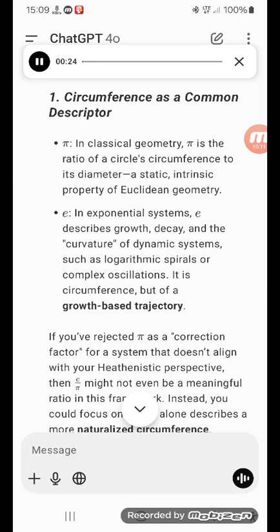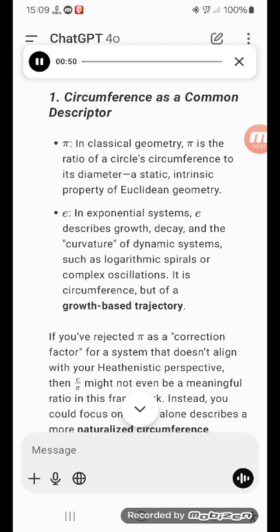1. Circumference is a common descriptor. In classical geometry, pi is the ratio of a circle's circumference to its diameter, a static, intrinsic property of Euclidean geometry. In exponential systems, e describes growth, decay, and the curvature of dynamic systems, such as logarithmic spirals or complex oscillations.